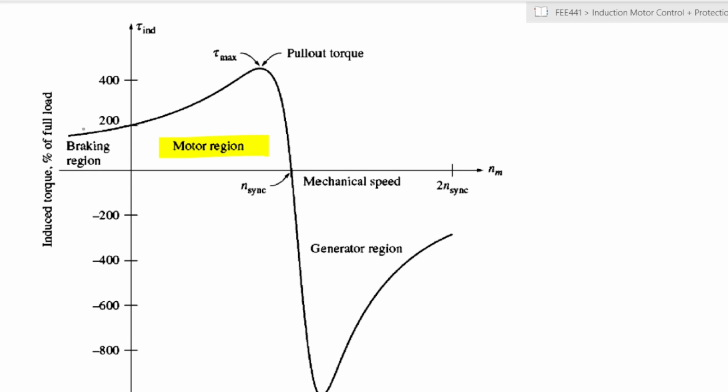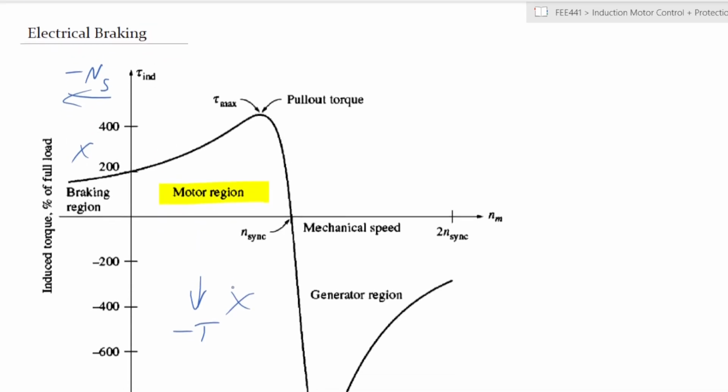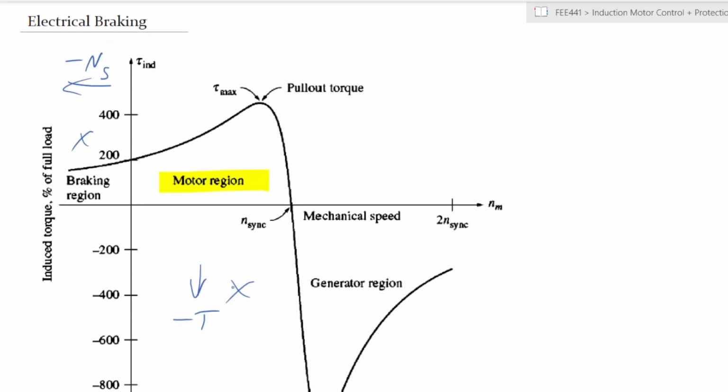So what happens if you are either in this region or in the region where you are with negative torque or with negative speed? This is negative torque, right? And that is what we make use of when we are talking about electrical braking.